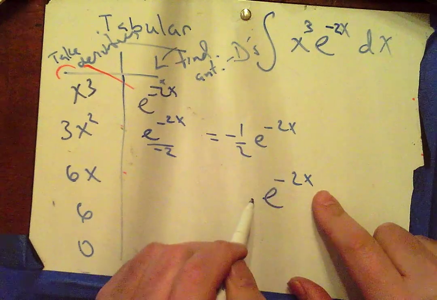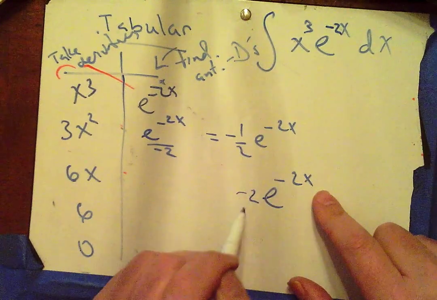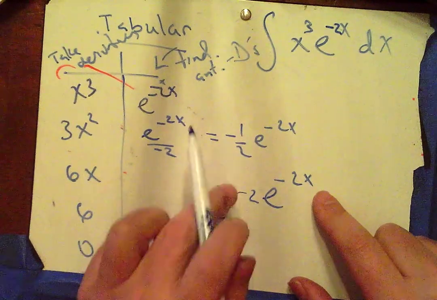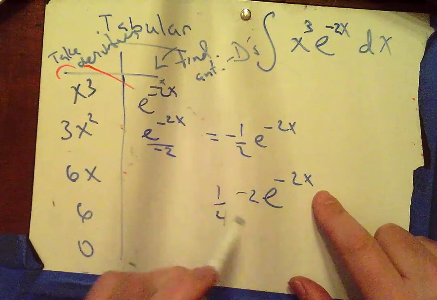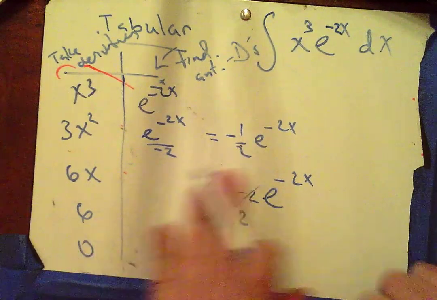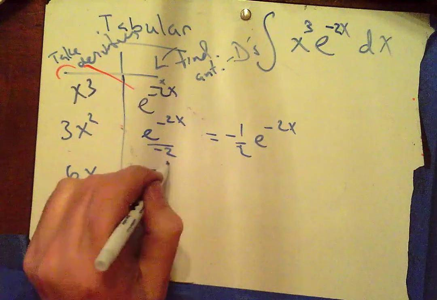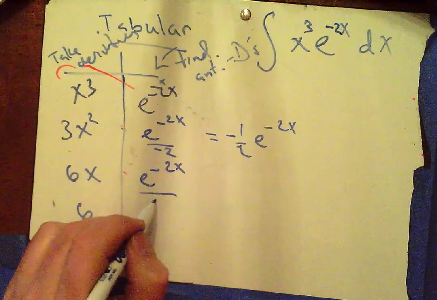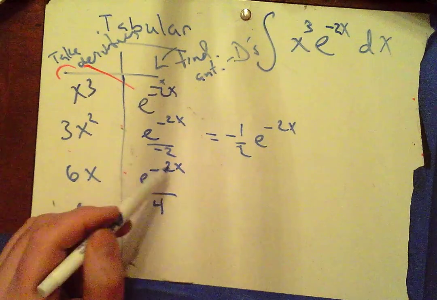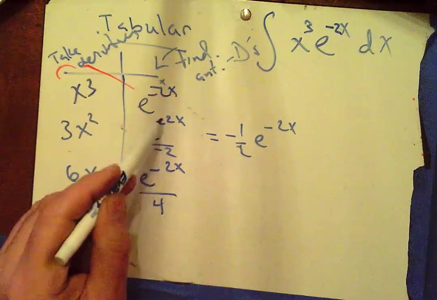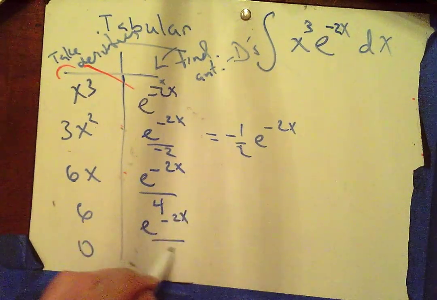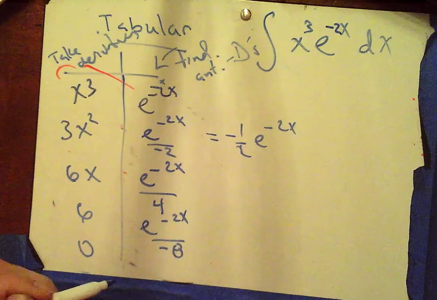So when that negative 2 comes down, there must be something present in the original function, so that I get the canceling and I get the coefficient that I'm looking for. So we're going to have e to the minus 2x over 4. If I bring down that negative 2, negative 1/2, yes, and e to the minus 2x over negative 8.